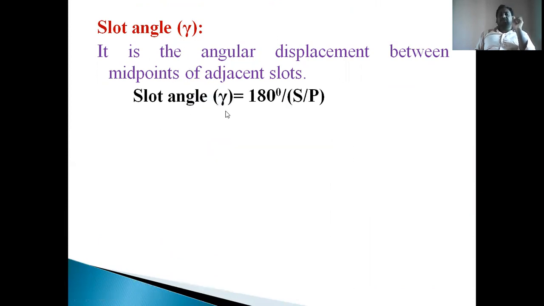How to calculate this slot angle? Gamma is equal to 180 degrees electrical divided by the number of slots per pole.